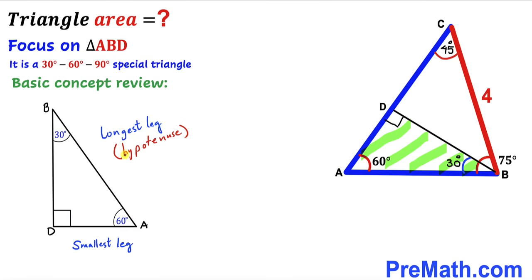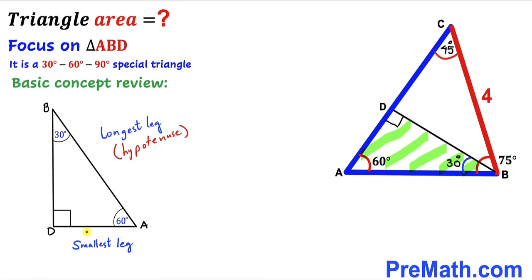In such a special triangle, the longest leg is always twice the smallest leg. If the smallest leg is 1, then the longest leg is 2, and the third leg is the square root of 3.